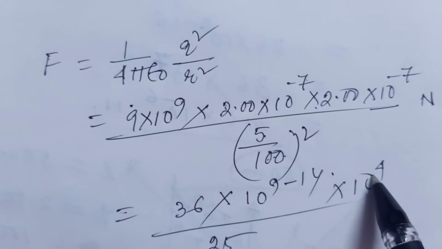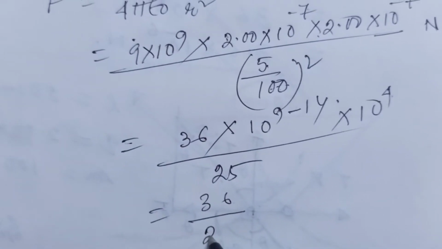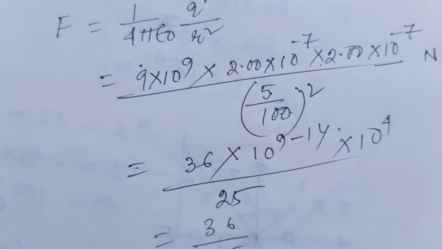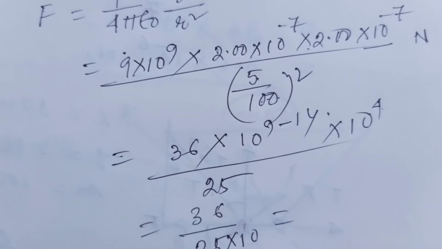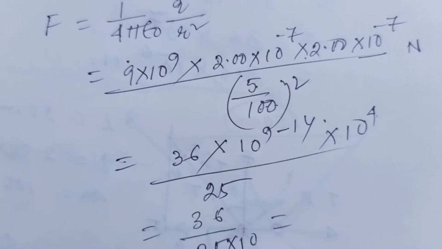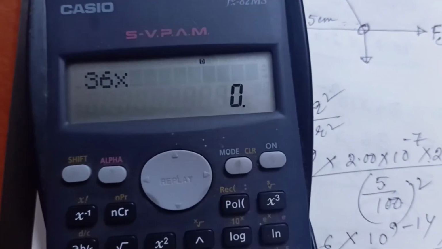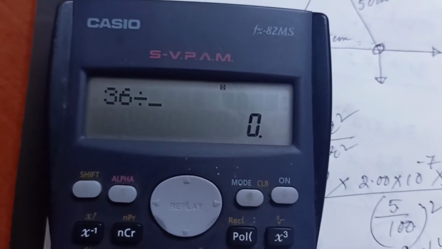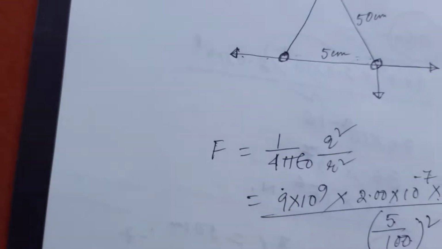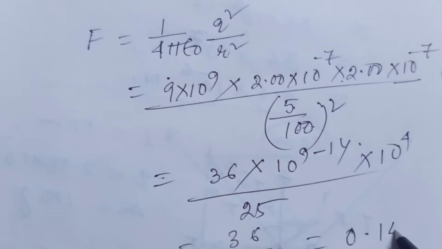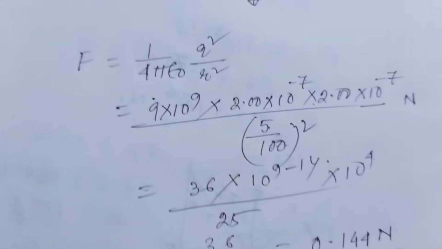So 36 by 25 divided by 10. So we get 0.144 Newton. This Newton force acts.